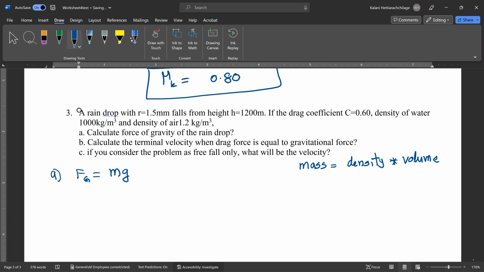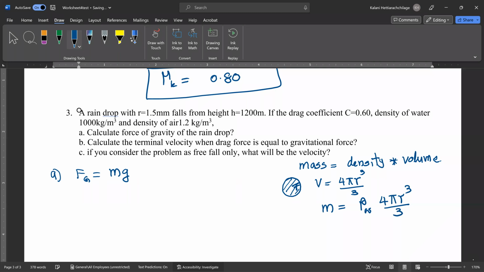Okay. So the density we are talking about here is of the raindrop. We're going to assume it as a spherical volume, and that means we can write the volume of the sphere as 4 pi r cubed over 3, where r is the radius of the raindrop. Now, since the density of water is given, we can calculate the mass: mass equals rho of water times the volume, 4 pi r cubed over 3.